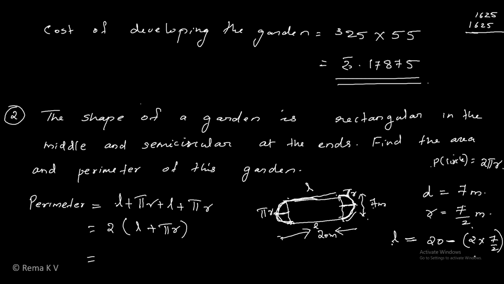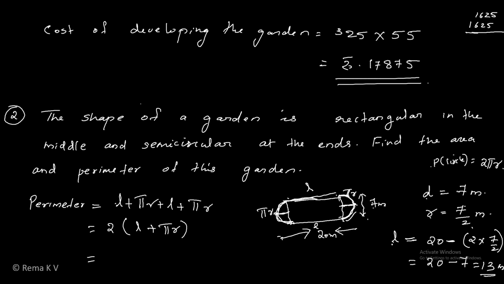Is it clear? Okay, so this is equal to 20 minus, this 2 and 2 get cancelled, it is equal to 7, and the answer is 13 meter. The length of the rectangular part is 13 meter.